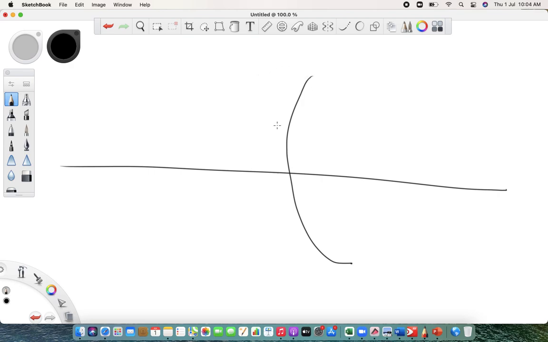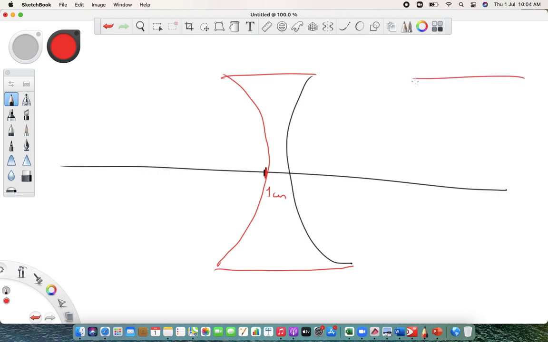Then you take here only 1 centimeter gap, and then you draw one arc here like this. That will give you a perfect concave lens. Otherwise, sometimes people draw it so thick that it does not look great, so please don't do this.